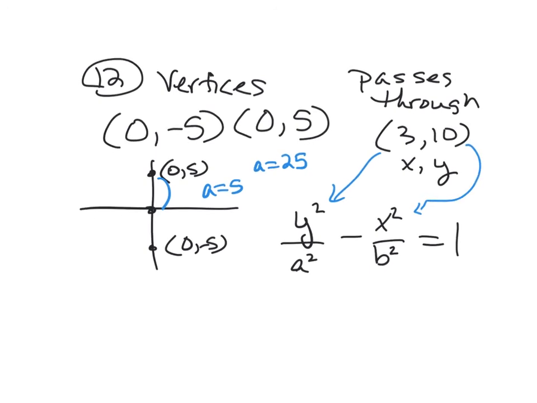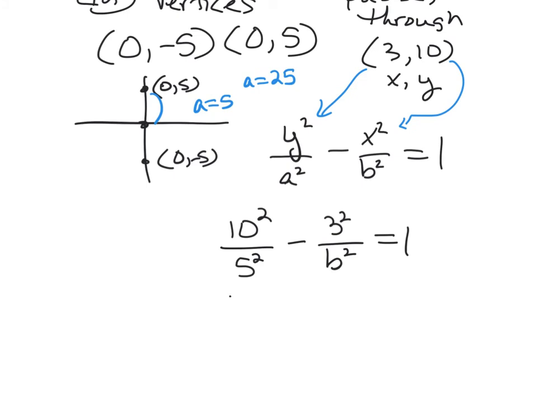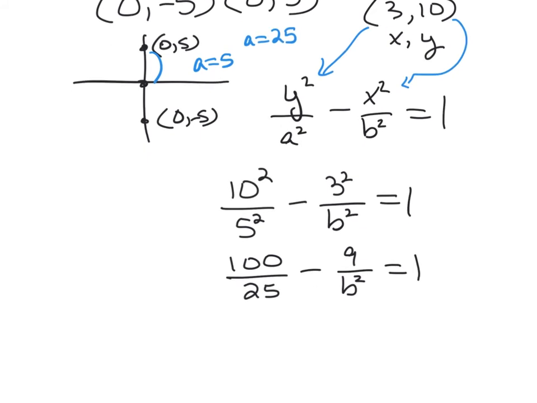So I'm going to be doing 10 squared over 5 squared minus 3 squared over b squared. 10 squared is 100. 5 squared is 25. 3 squared is 9. Now, if any of your fractions can be simplified to an integer, I would do that. 100 divided by 25 is 4.